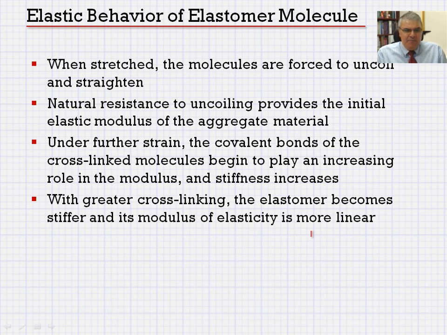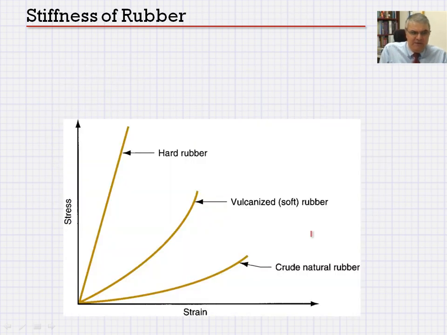That comes into play, and the resistance or stiffness actually increases. Of course, when we are making elastomers, if you have more cross-linking, this would be more difficult, the elastomer would become stiffer, and the modulus of elasticity is more linear. Again, that's a desirable property in many cases.